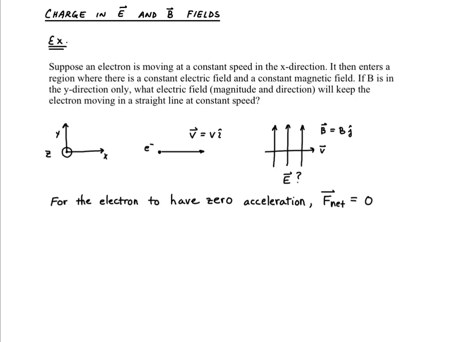And the net force, as we said before, is made up of the electric force and the magnetic force, Fe plus Fb. And this must be equal to zero, which implies that the electric force must be opposite in direction but equal in magnitude.